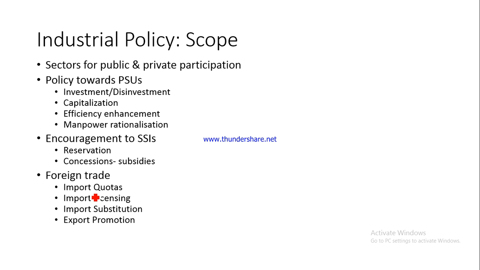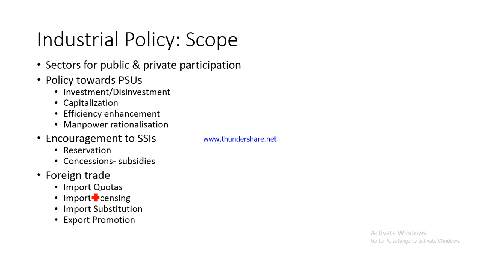Again, foreign trade may also require some kind of incentives to be given to the exporters. So what incentives would be given? Because exporters are going to earn you foreign exchange, and they would also keep your balance of payments account in a healthy condition. So naturally the government would want to promote exports, but what measures would be implemented to promote exporters?